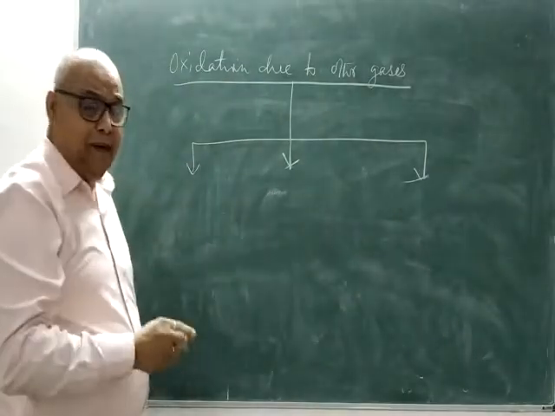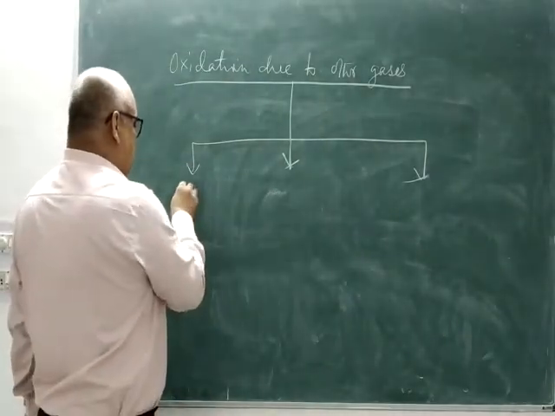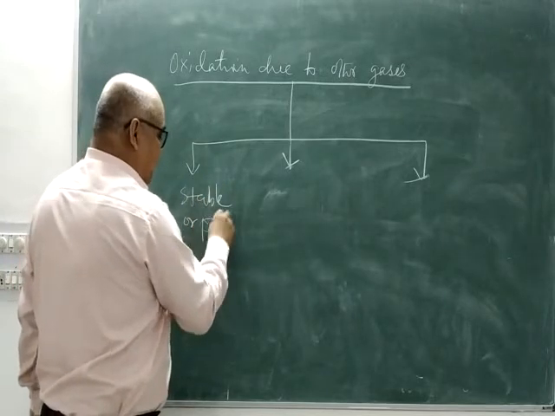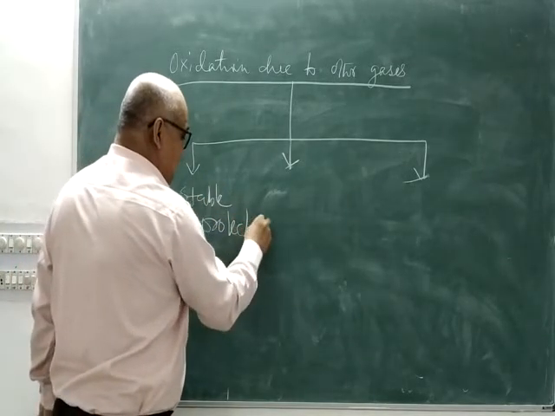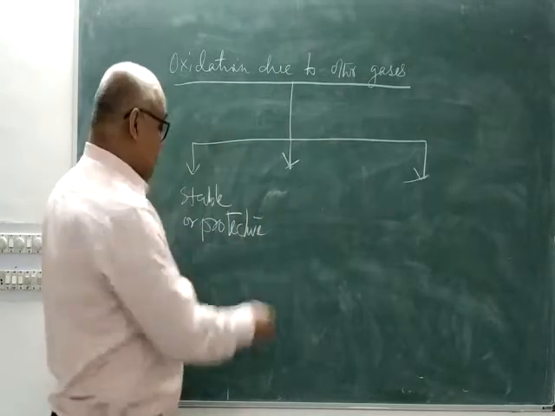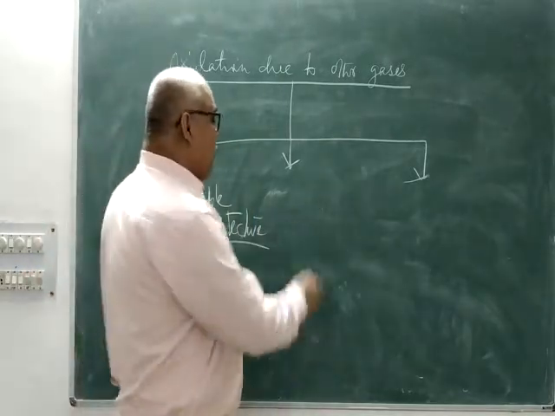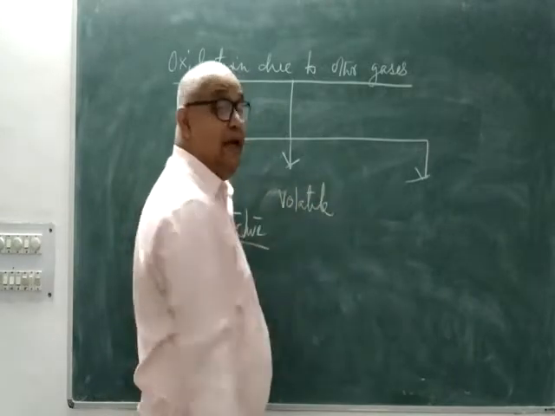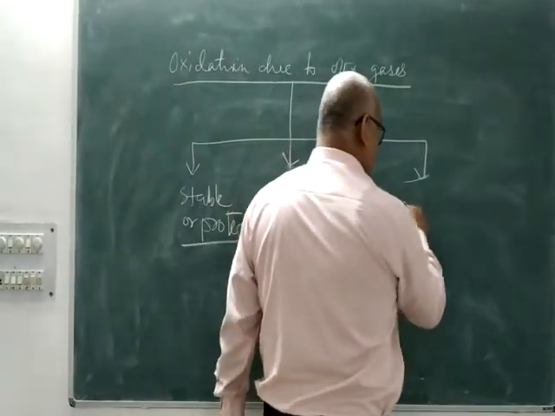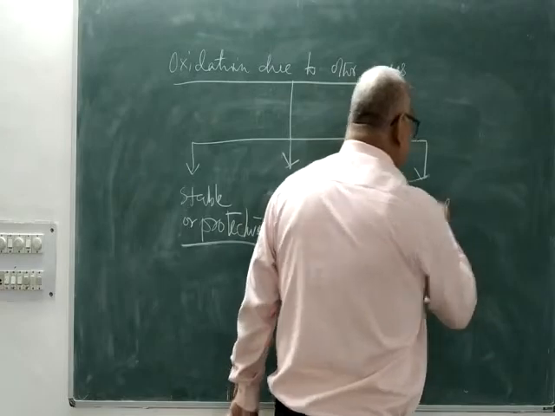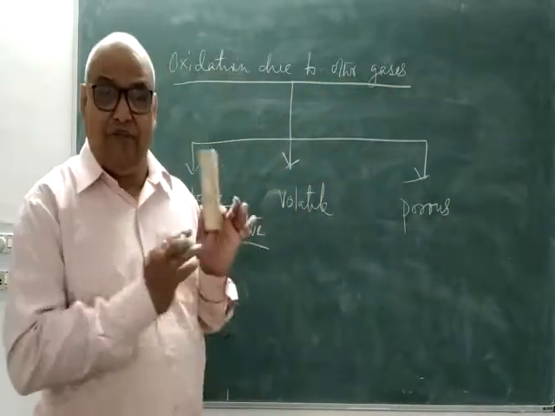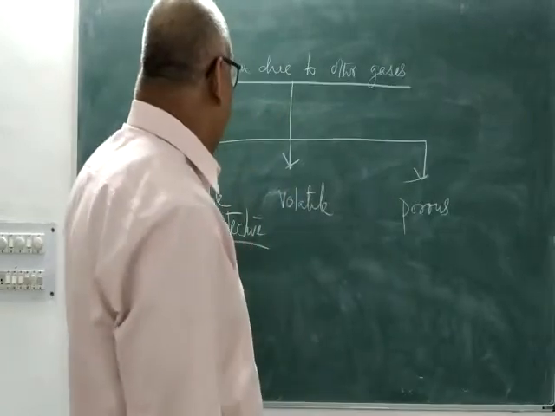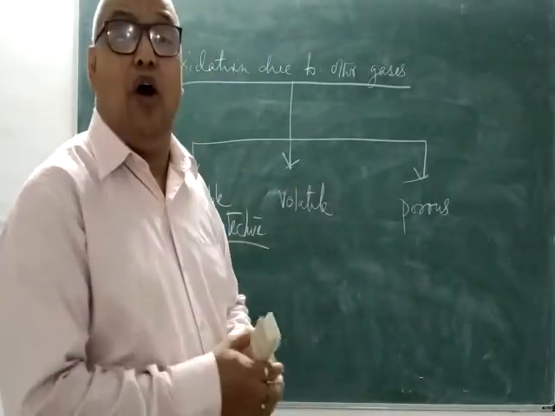Number one will be stable or protective, if the layer being produced is protective. Number two will be volatile, and number three will be porous, depending on the nature of the film being produced. Let us start with the first one, if the layer being produced is stable or protective.